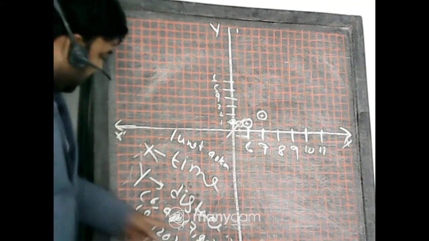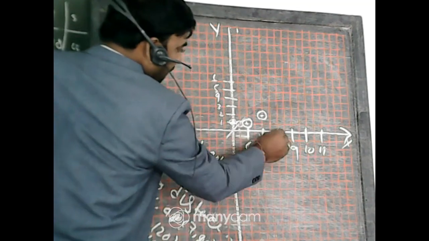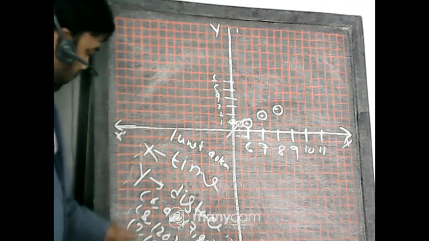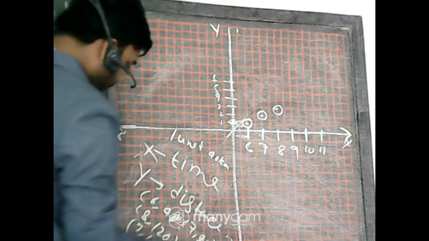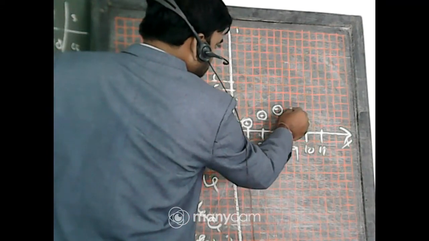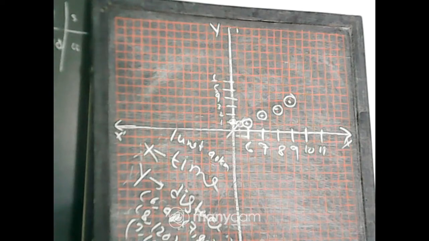Next 8, 120. 120, that is 8, and 120 means 1, 2, 3. That 3 will denote 120. 9, 160. So 9, 160 means 1, 2, 3, 4. That is 160. Got the points, everyone?